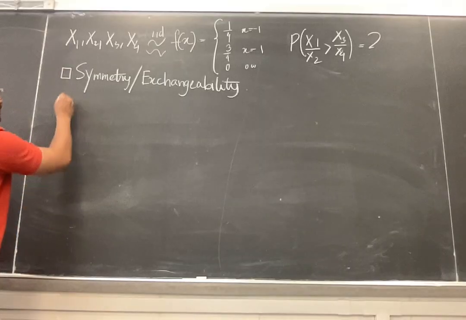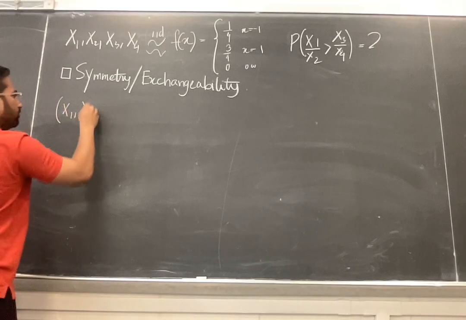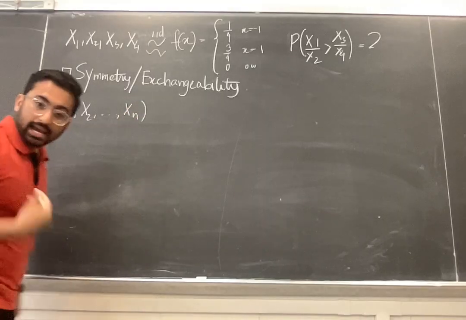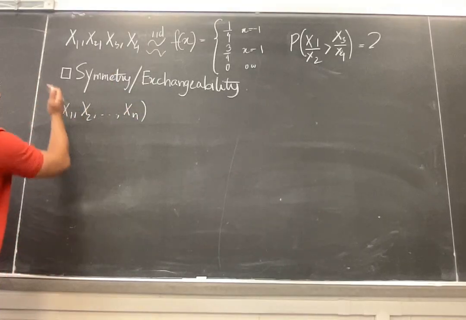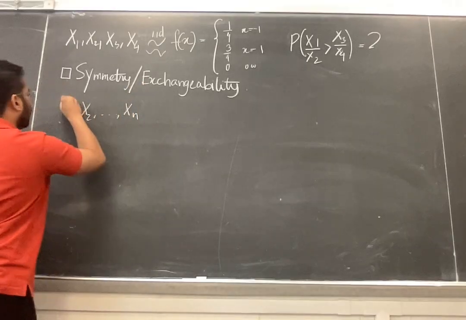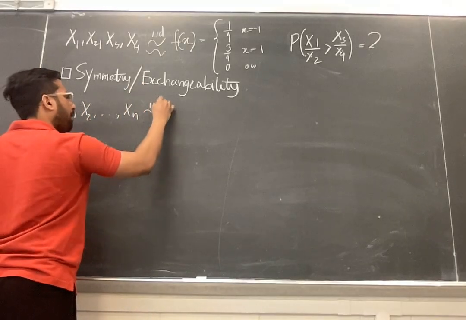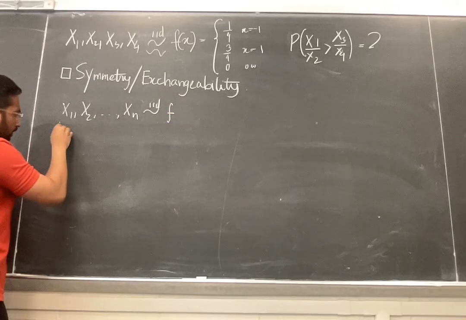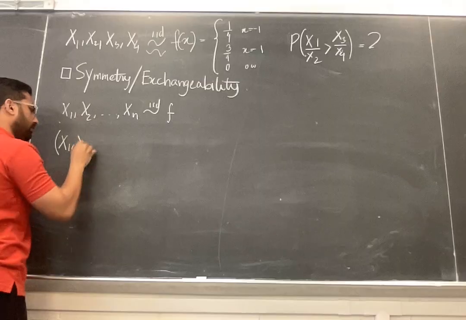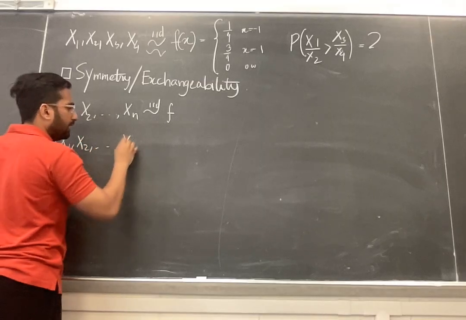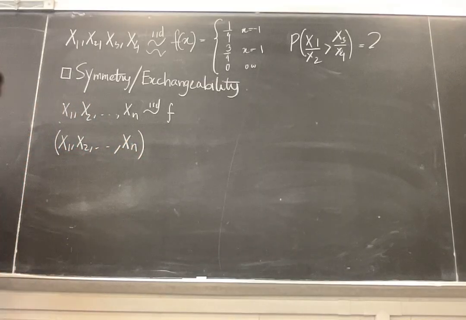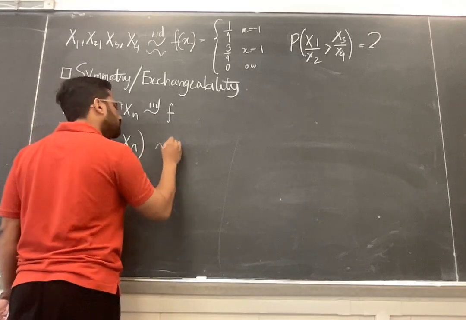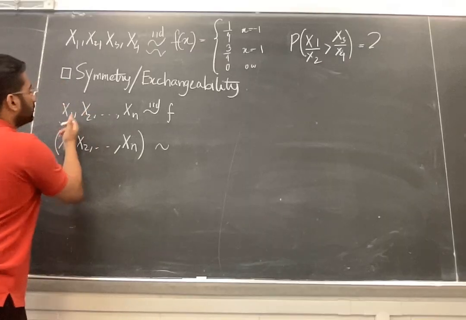The idea is this: if you have n random variables, and they are IID with some distribution, let's say f, then the joint distribution of these n random variables is the same as the distribution of any permutation of them.